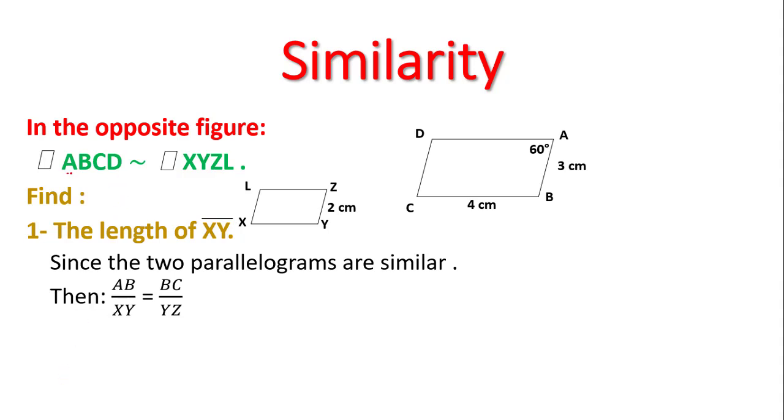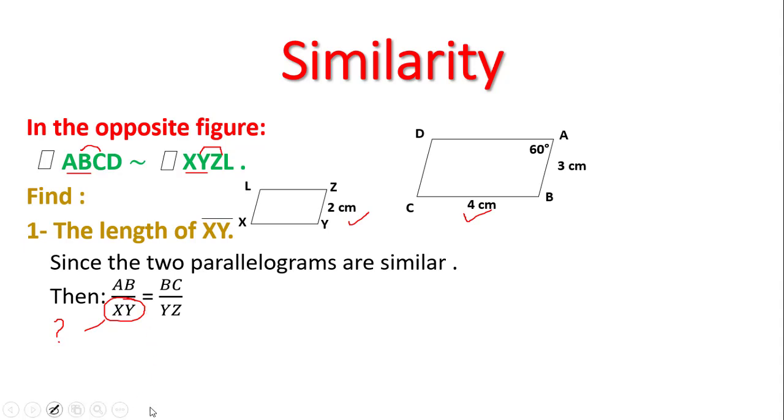We have AB over XY. So this is the first ratio, AB over XY. We have AB equals 3, but we don't have XY. We want XY. Also, we have BC over YZ. Here we have BC and we have YZ.